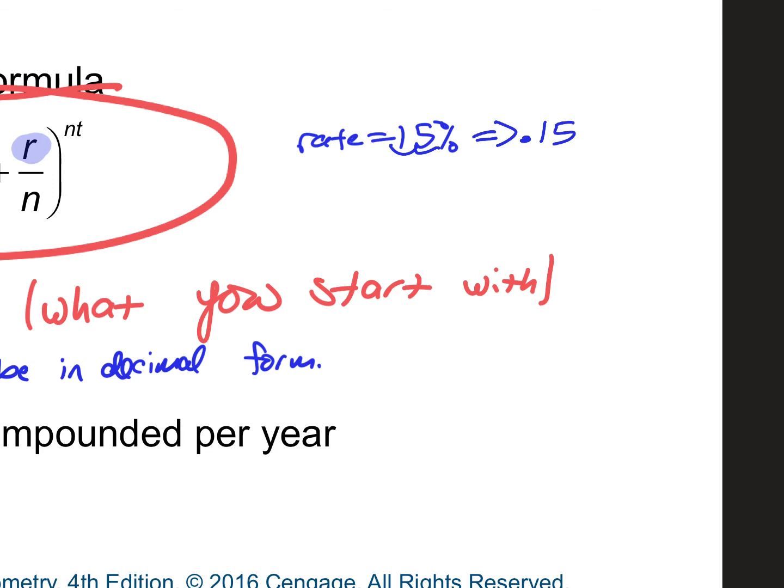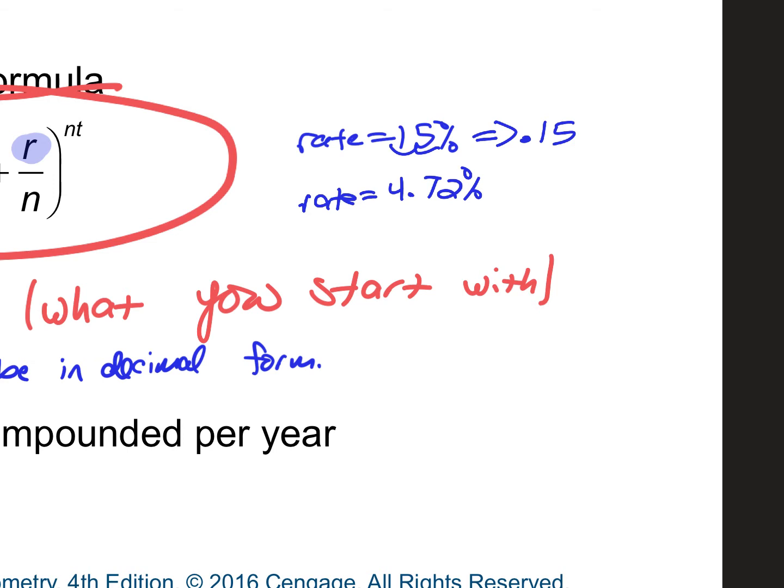That makes a very big difference, guys. When you're plugging numbers into a calculator, if you're multiplying or dividing by 15 versus 0.15, it's a huge difference in your calculations. So be careful. If they give you an interest rate of 4.72%, is that already in a decimal? Yes. Well, I see a decimal point, but what's right after the 2? A percent sign, so it's not a decimal yet.